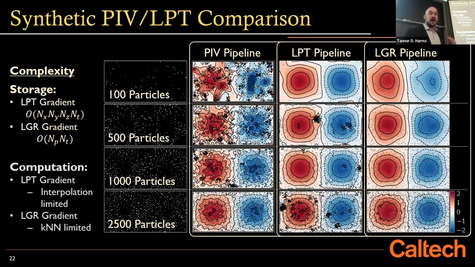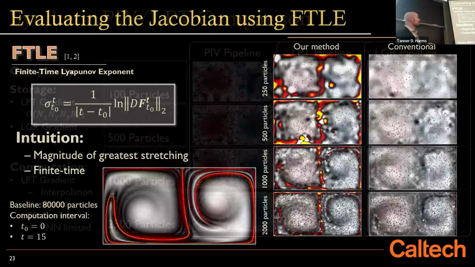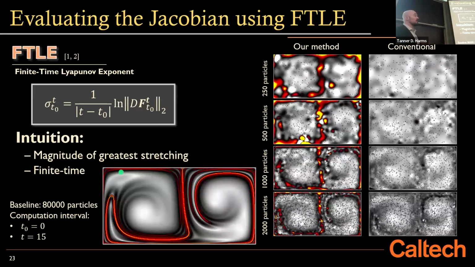All right, now we've covered sort of the PIV and the velocity gradient section of LGR. I want to look a little bit at computing the Jacobian using FTLE. So to do this, we're going to consider a common metric in Lagrangian Coherent Structures literature, which is the finite time Lyapunov exponent. And here it is defined.